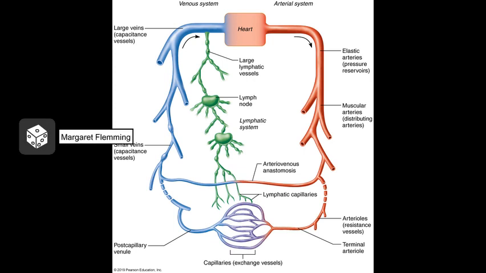The second thing that we can see on this illustration is normal blood flow is from the heart entering first elastic arteries, we'll talk about what those are, then branches off of those are muscular arteries, and as I mentioned before, the branches from those are arterioles or little arteries.